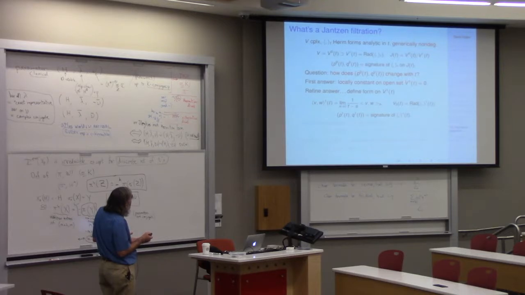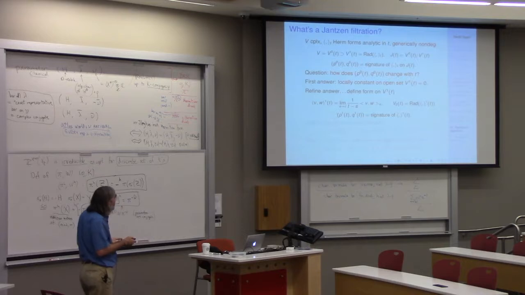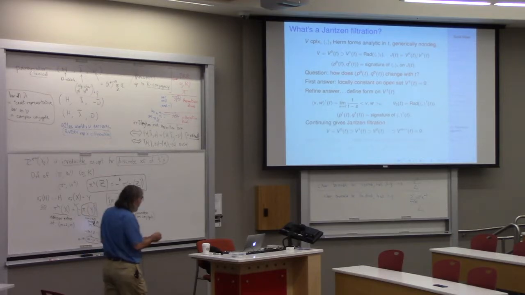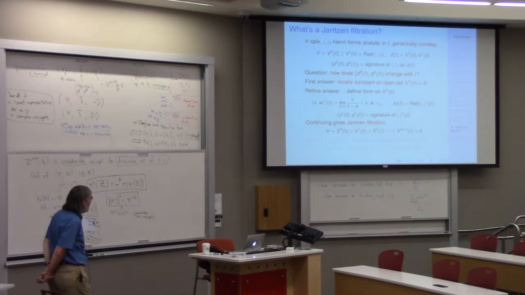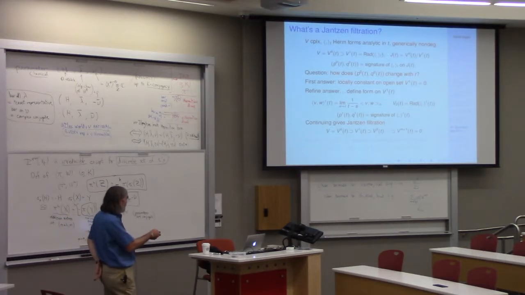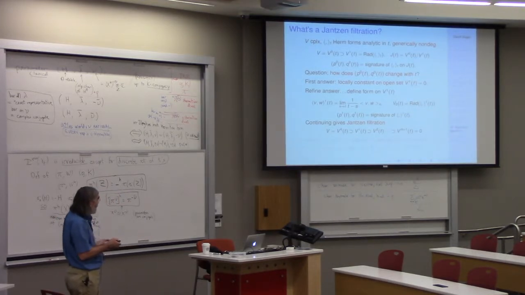And so now, I've got a form, first of all, in the quotient, but then at the next level, I've got a form, and that has a signature. At any rate, I've said this somewhat imprecisely, but Janssen explains how to make it precise.